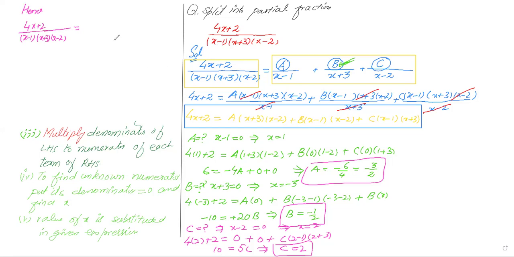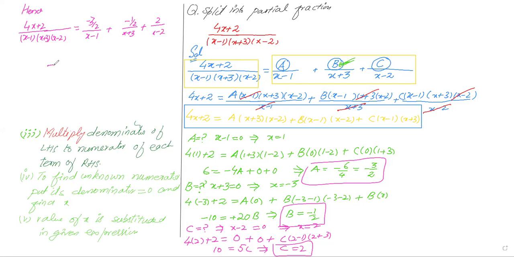What's the answer of A we have? This one is minus 3 by 2 divided by x minus 1, plus, the answer of B is minus 1 by 2 divided by x plus 3, and C means the answer is simply 2 over x minus 2.